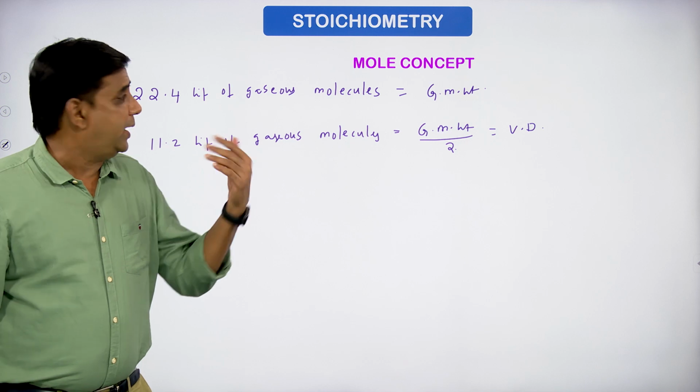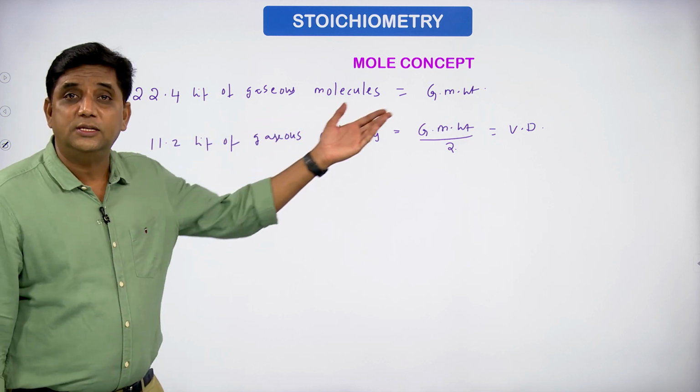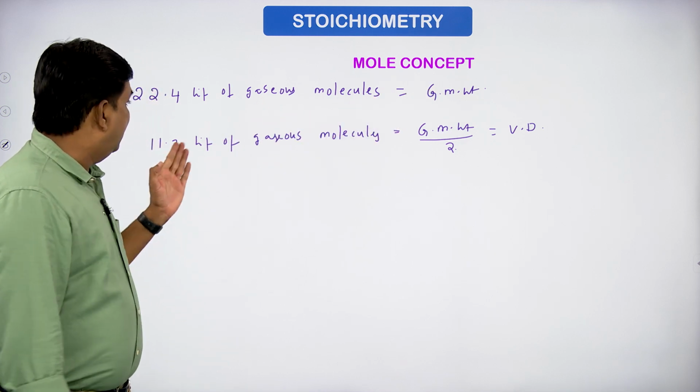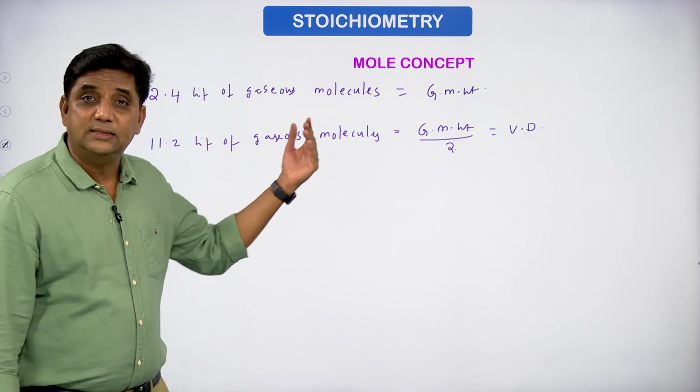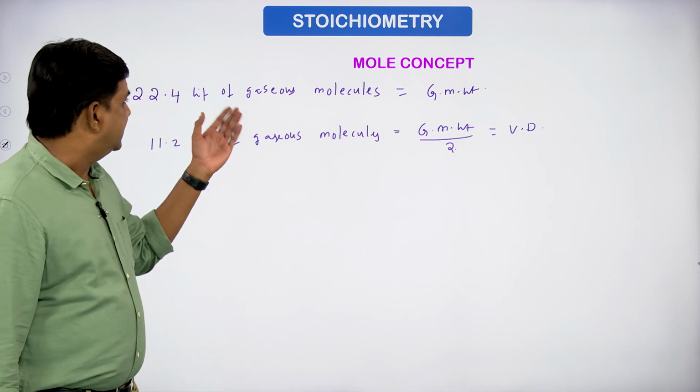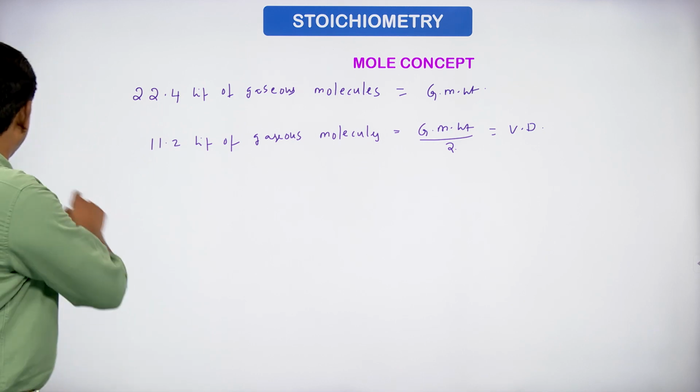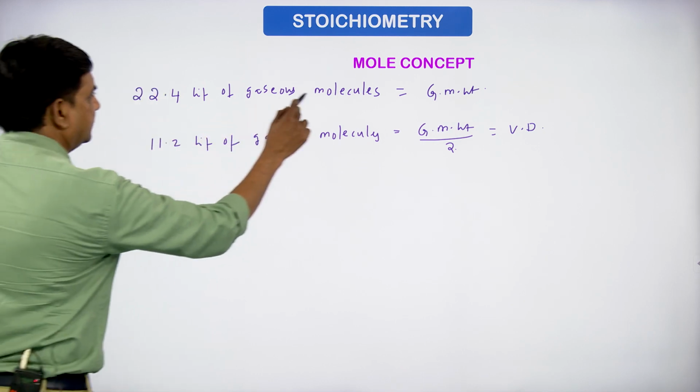So 22.4 liters of gaseous substance has a mass equal to the gram molecular weight.